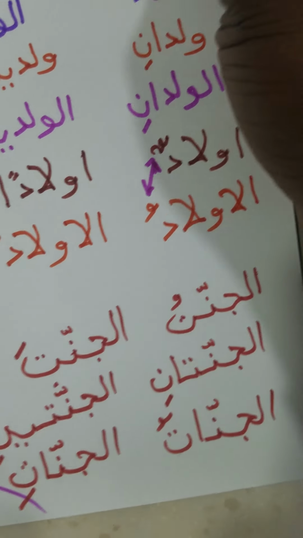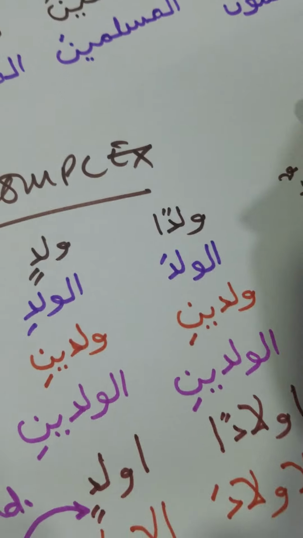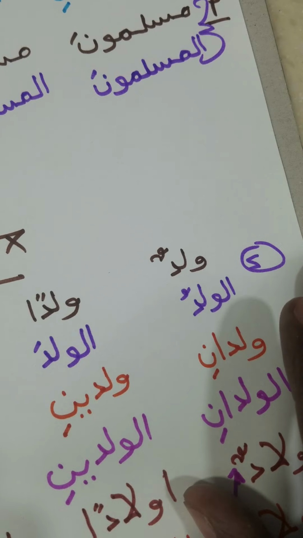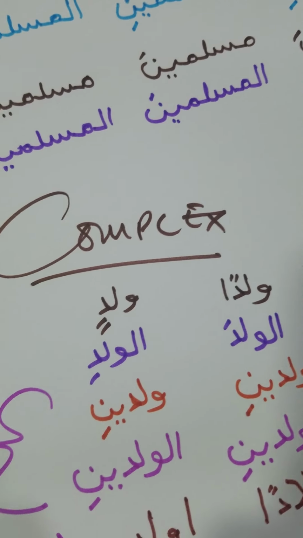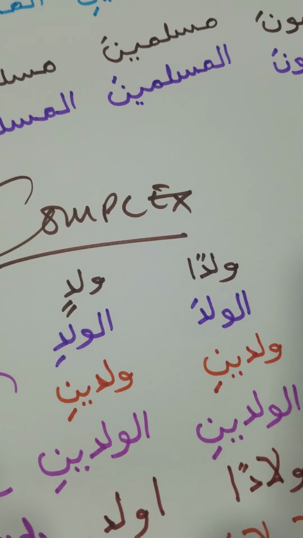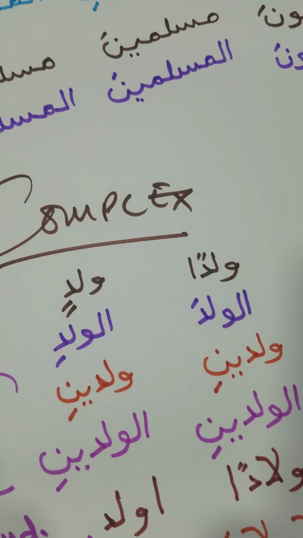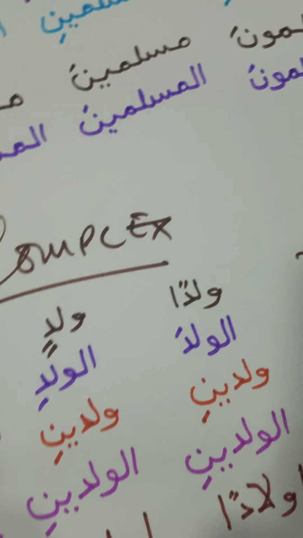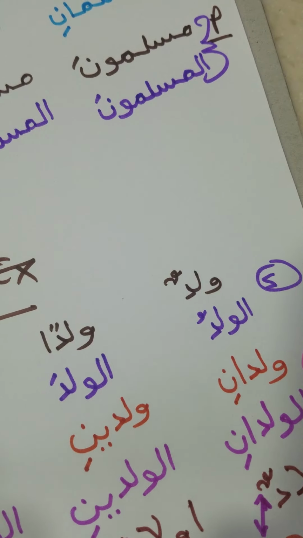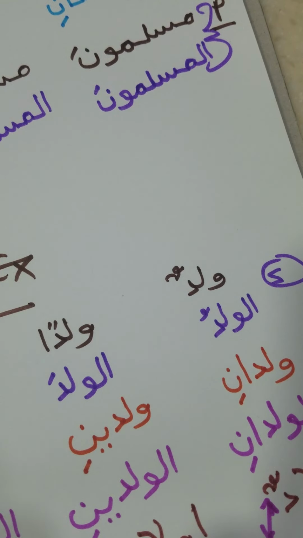So this is how it's going to look like, and this is how easy it is going to be all the time for the indefinite and definite. So you only need to come back or refer to them and see.